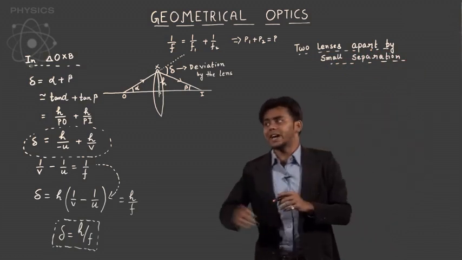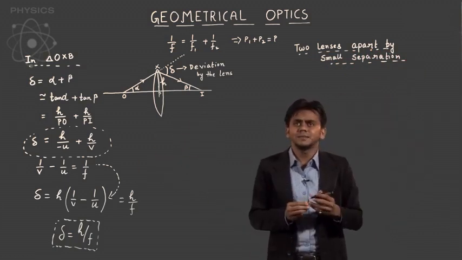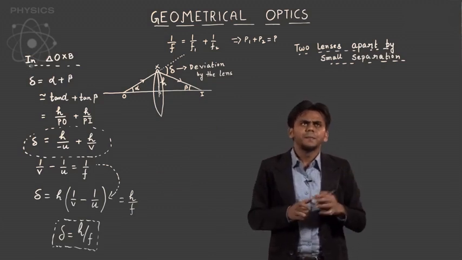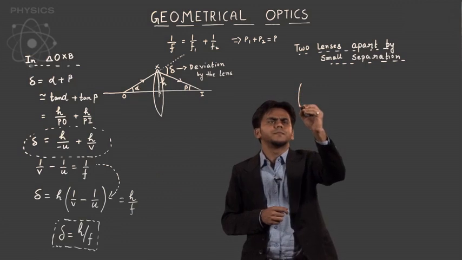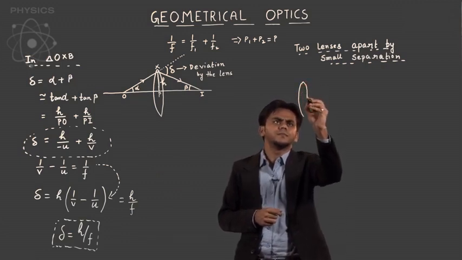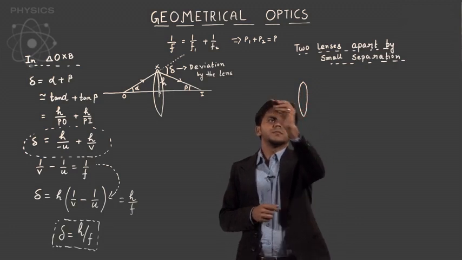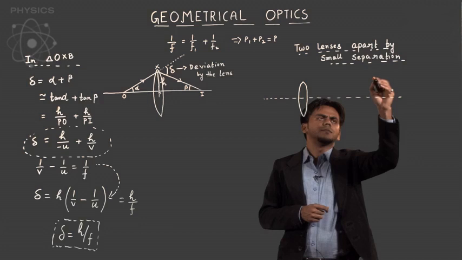Now you'll understand why I have done this for you. There's a logic behind that. Let's say you have one lens here, and the other one here.